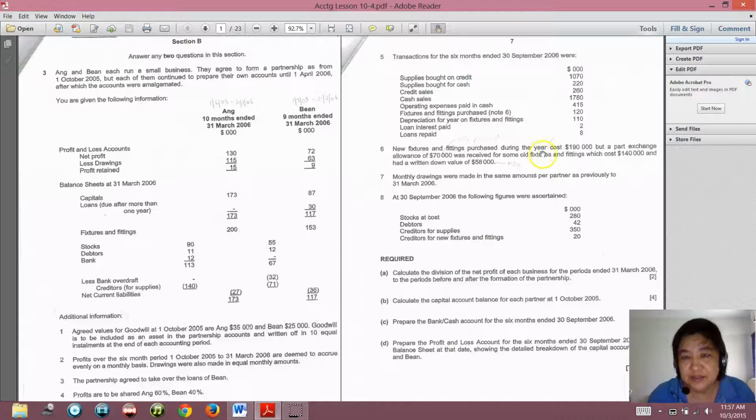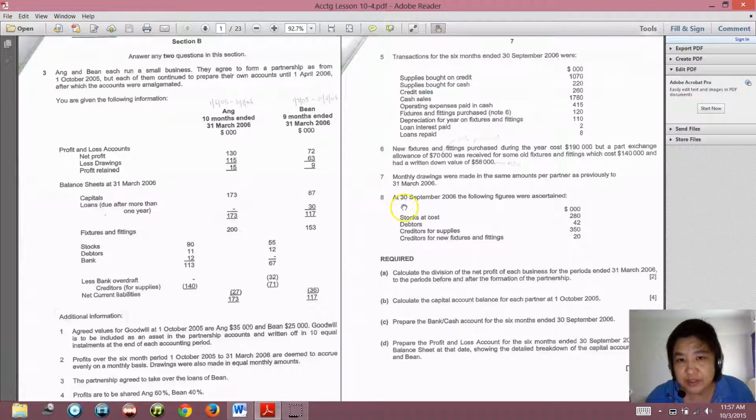So that means the new fixture and fittings purchase is 190,000, but you have traded in your old furniture for 70,000. So you are supposed to pay 120,000 to the furniture and fittings vendor.